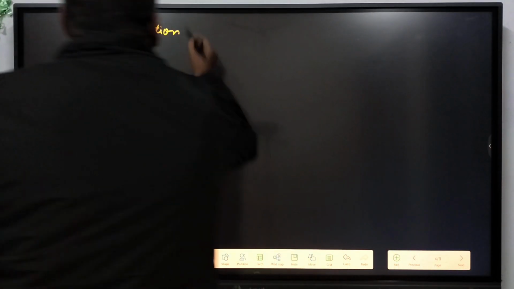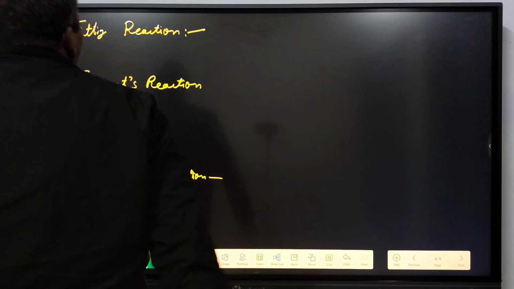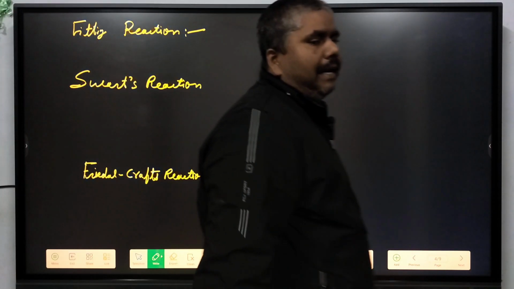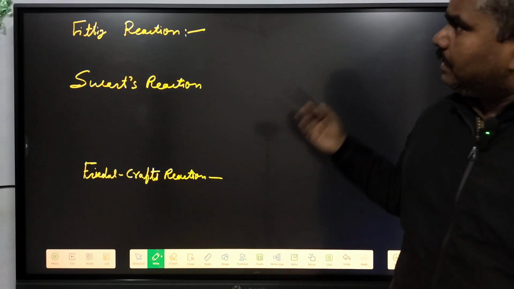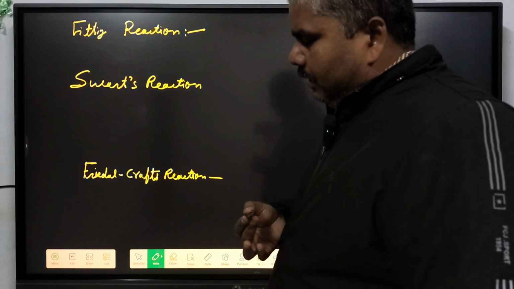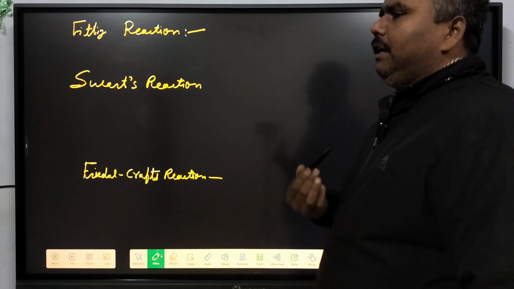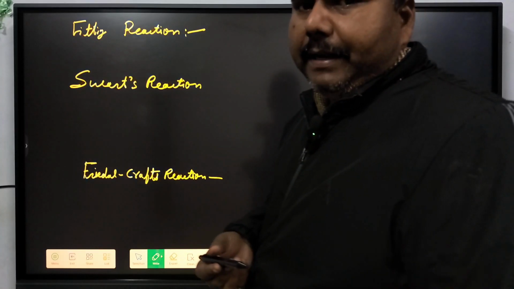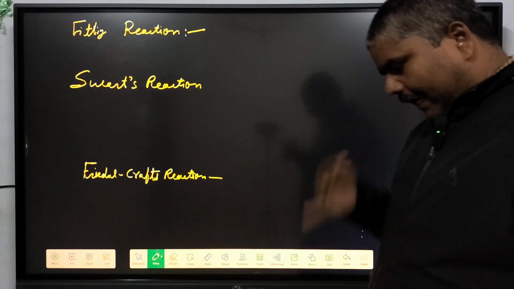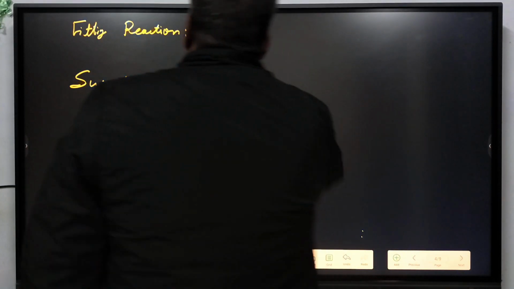Next, Fittig reaction. In this reaction, the diphenyl is obtained. In this reaction, two molecules of haloarene react with sodium metal in the presence of dry ether, then the diphenyl is obtained.